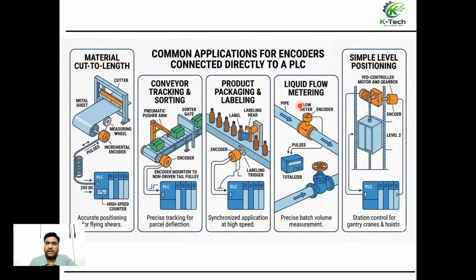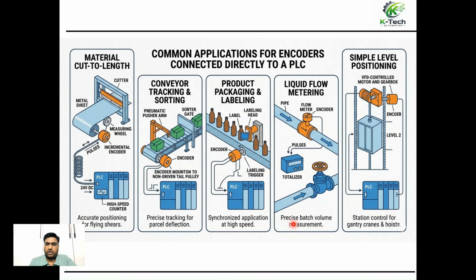Liquid flow metering. The encoder is also used for liquid flow metering. Whenever the liquid passes, a mechanism inside will rotate, and that value we can check in the form of pulses. But we need to convert the scale.